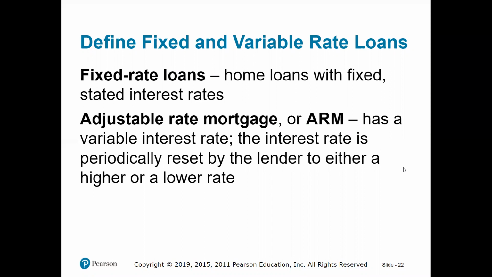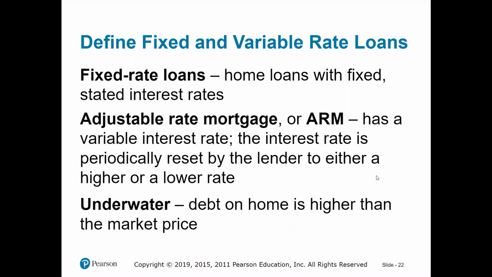Obviously, most people are going to get a fixed rate, but the downside to that would be if you have a fluctuating economy and you could get a lower rate some months, then you would want the lower rate. But honestly, most people don't want that risk, so they just go with the fixed rate. Underwater is when debt on a home is higher than the market price. And that can be a bad news bears situation for most people.